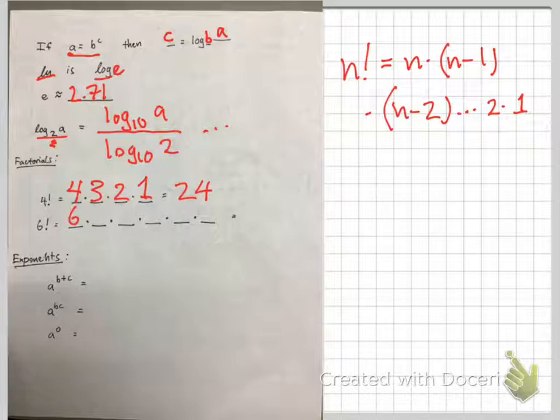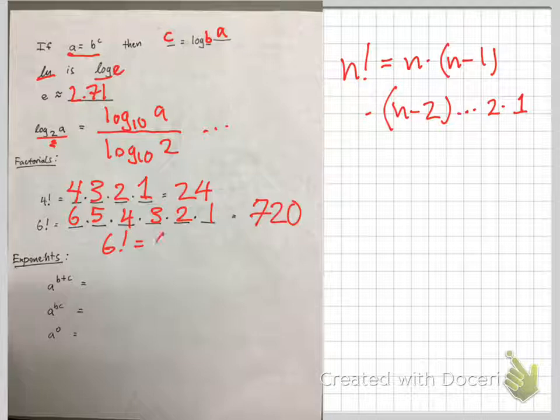Okay, what you should have written was that 6 factorial is 6 times 5 times 4 times 3 times 2 times 1, which is 720. And I'd like to point out one last thing about factorials, that 6 factorial is equal to 6 times 5 factorial, and that is equal to 6 times 5 times 4 factorial. So these factorials all sort of contain each other, interestingly.